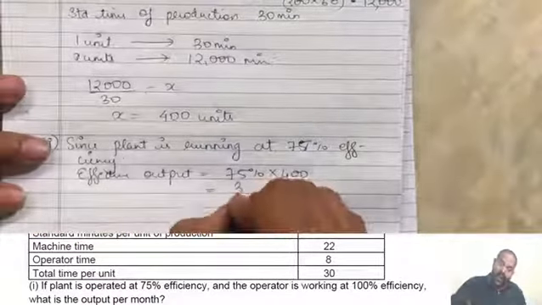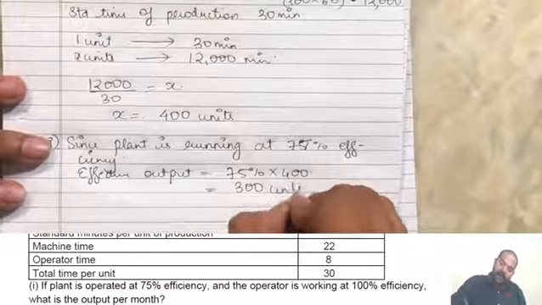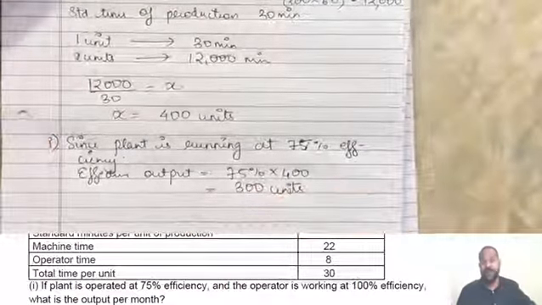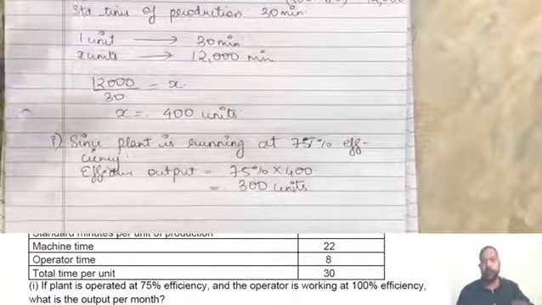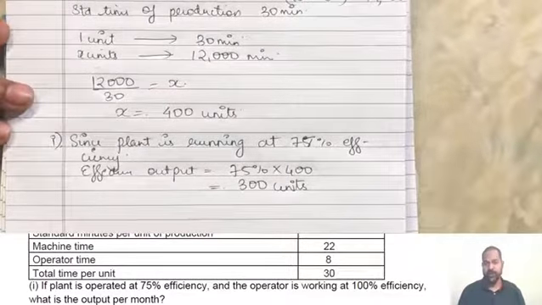So if the plant is run at only 75% efficiency, my output will be 300 units.